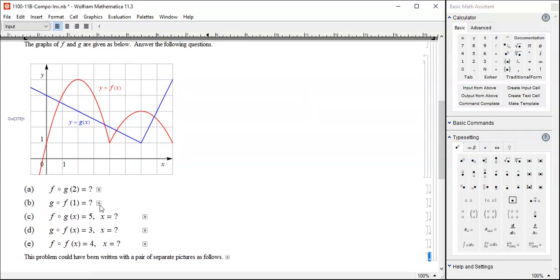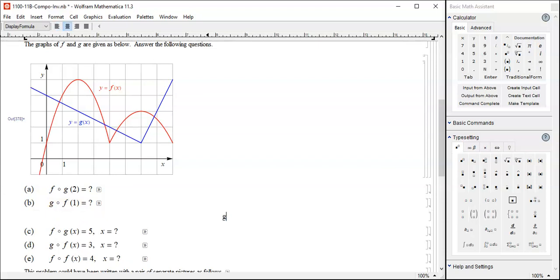Now, can you reproduce the same idea to do this problem? Everybody try. Stop the playback and try. Assuming everybody tried, here we go. g of f of 1. Inside first, so you have to find out f of 1.